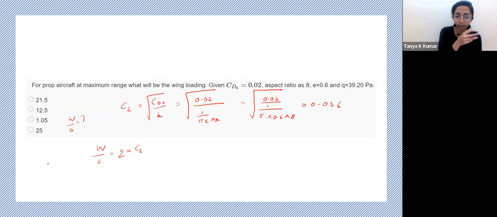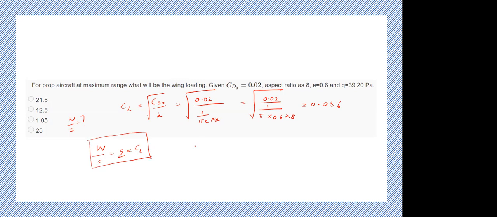Can somebody else tell me how did we come to this equation? This is the right equation. We have 5 other participants. Can someone tell me how we came to this? What is the lift equation?